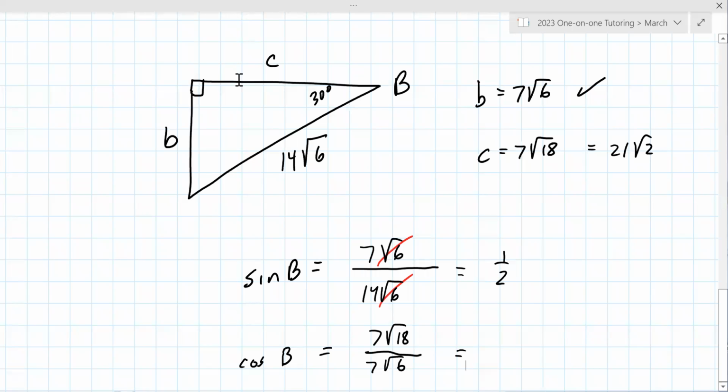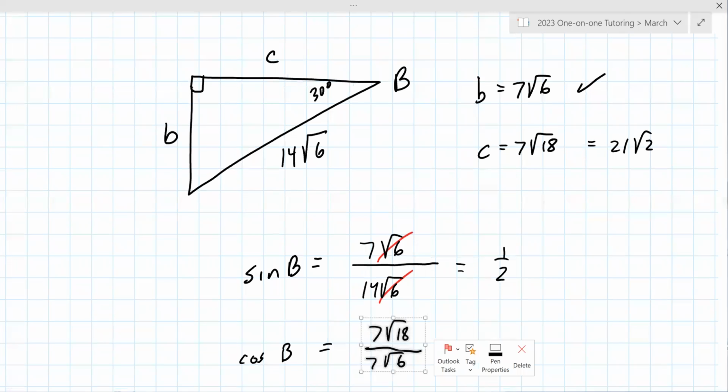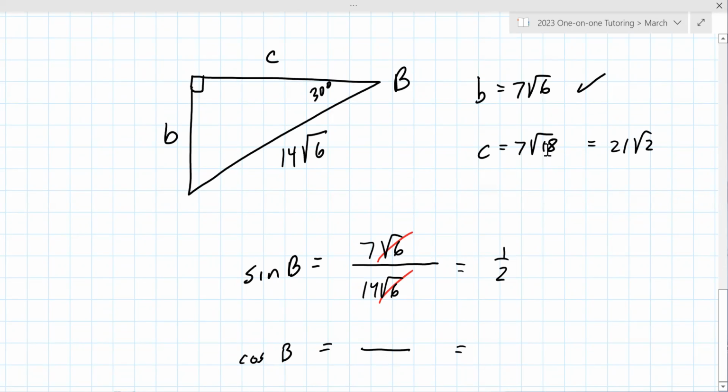The adjacent is C. Oh, so it'll be the other way around. What's the value of C in this problem? 7 square root 18. I see, you're trying to do it that way. What is the hypotenuse? 14 square root 6.